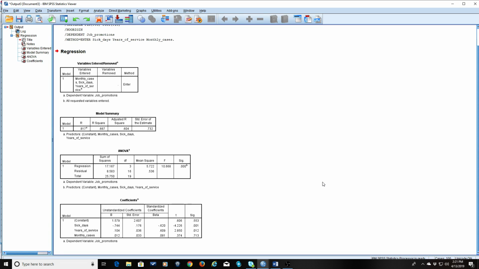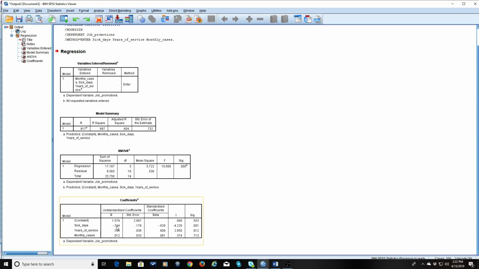Let's look at the B value. The higher the number, the stronger the prediction is. I'm not going to give you the answer, but I want you to look at it, interpret it, and write up your own answer.